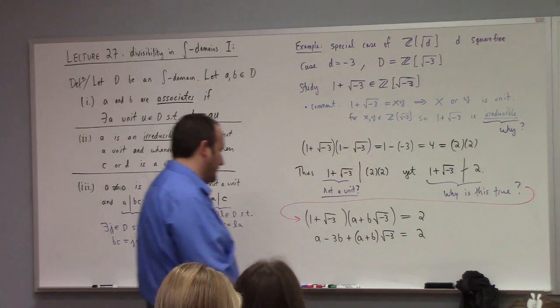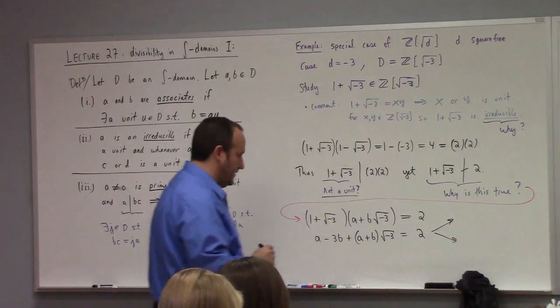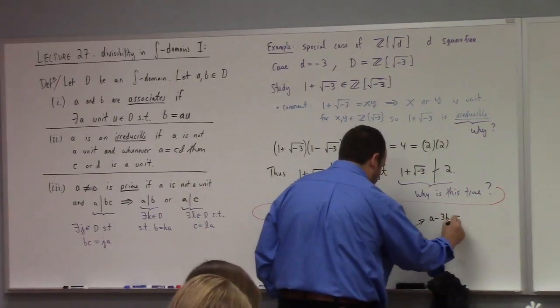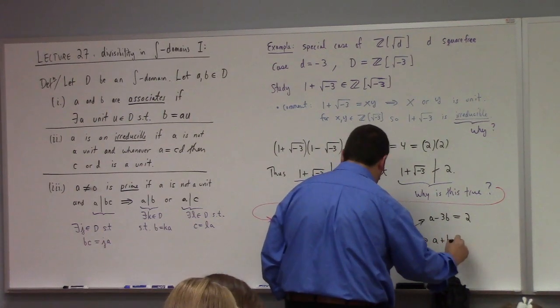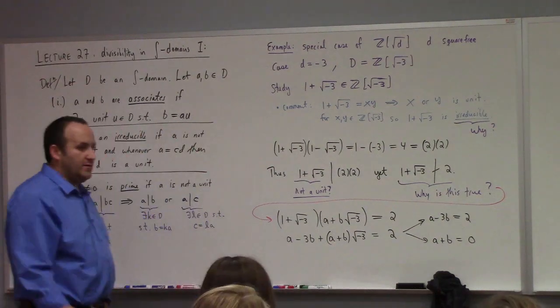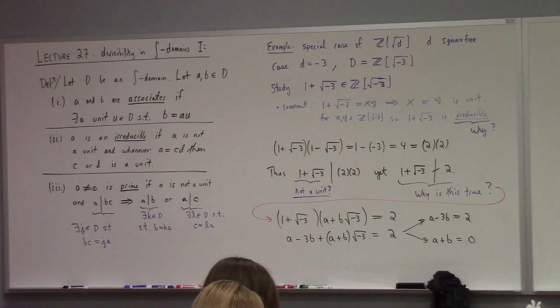So what is this equation? What does this tell us? It tells us 2 things, right? It tells us that a minus 3b is equal to 2, and it also tells us that a plus b is equal to 0. Here I'm using the rational independence of 1 and the square root of minus 3.